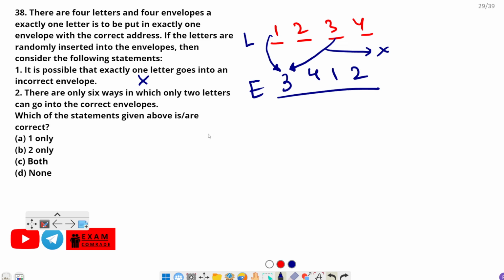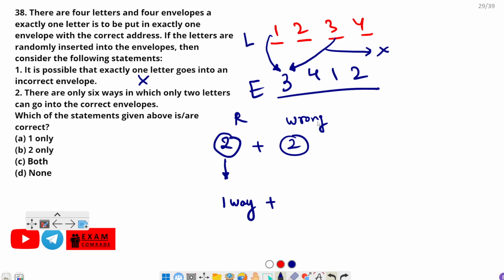Okay, 2 can go wrong means 2 right, 2 wrong. Two envelopes can go right only in one way, that is you can put 1 into 1 and 2 into 2, that is the only possibility. So there is one way.